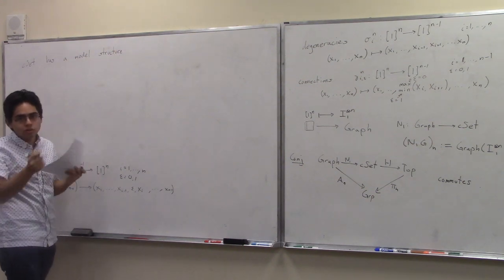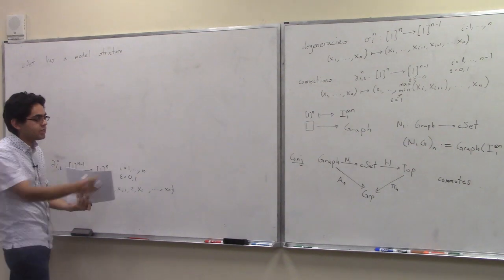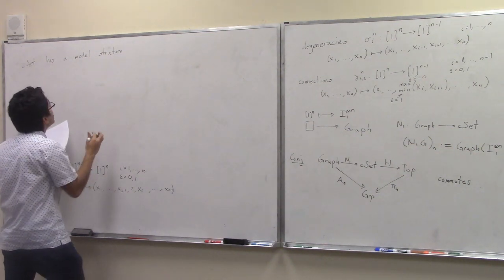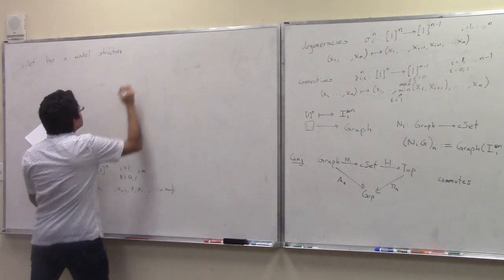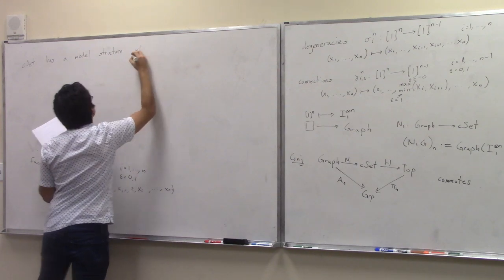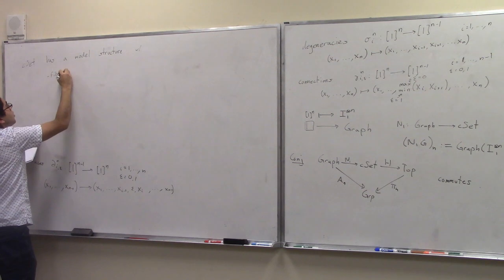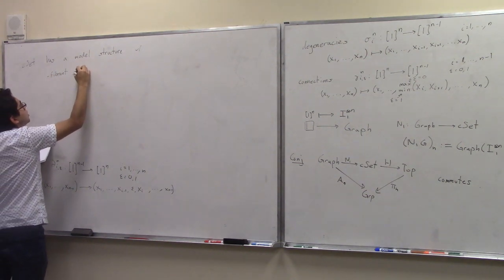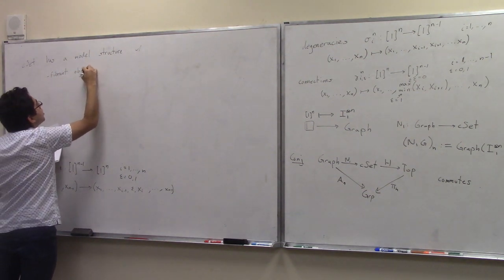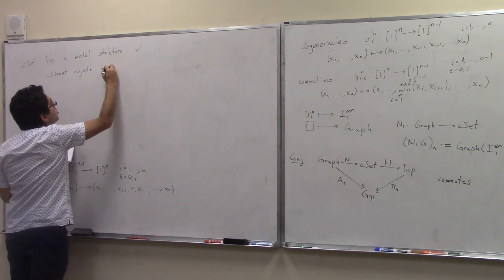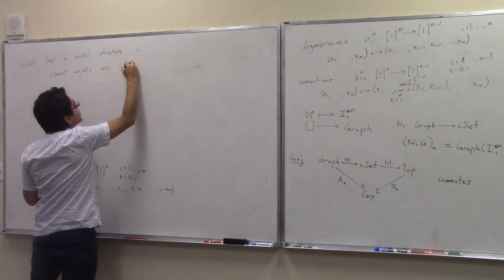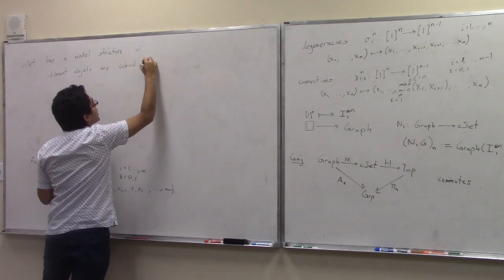And this is a model structure which is equivalent to spaces via the geometric realization. But in particular, what I care about here is that the fibrant objects are the cubical set version of Kan complexes.